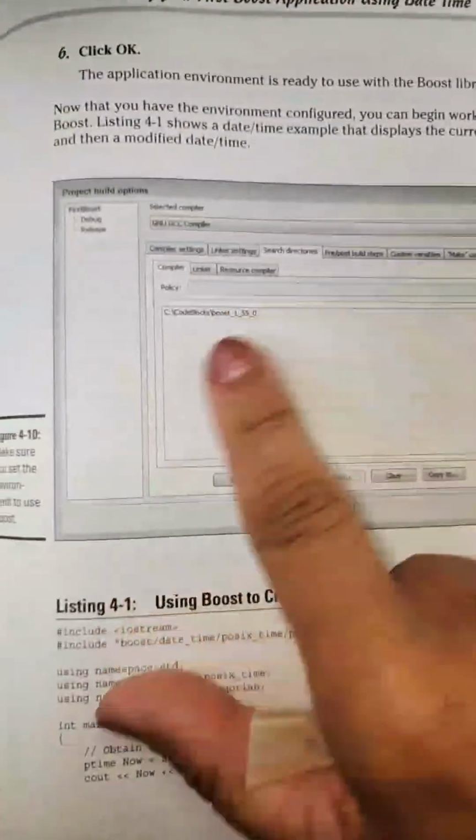Now that you have the environment configured, you can begin working with Boost. Listing 4-1 shows a date time example that displays the current time and then a modified date time. So this is what they're talking about.